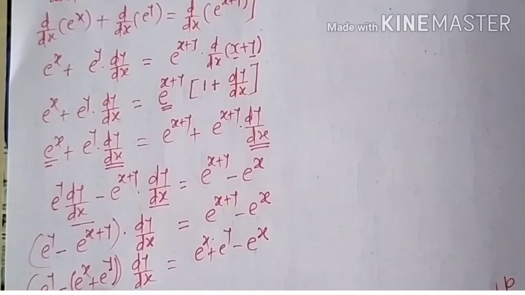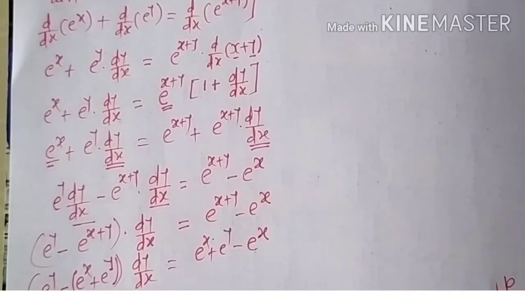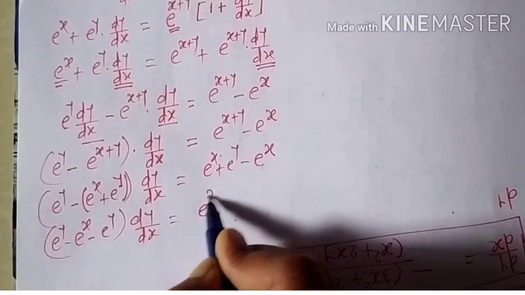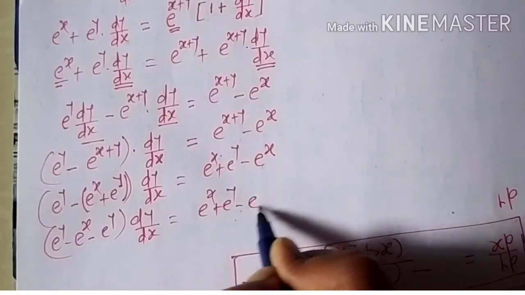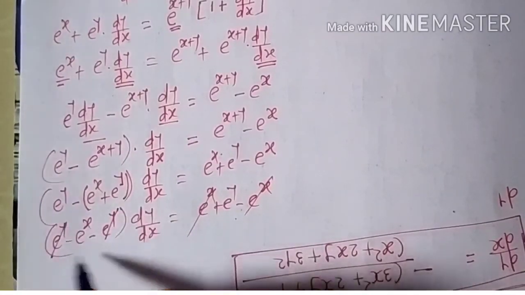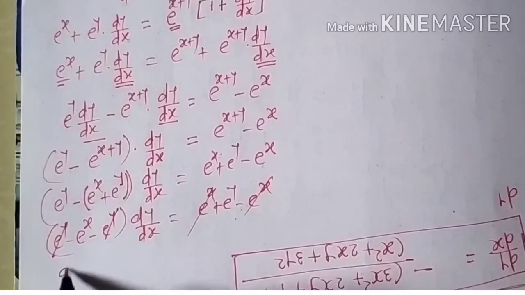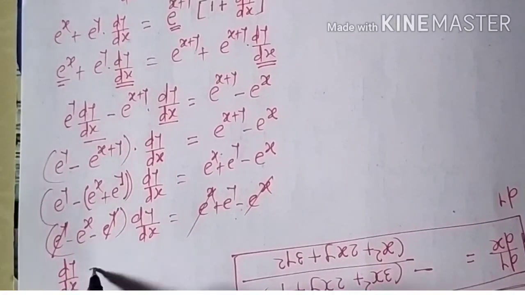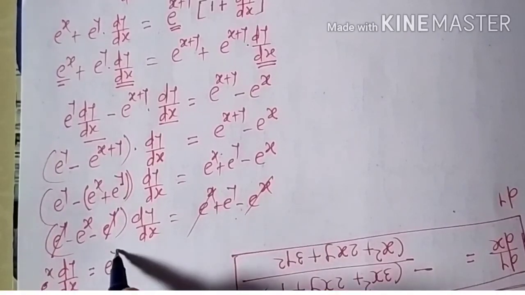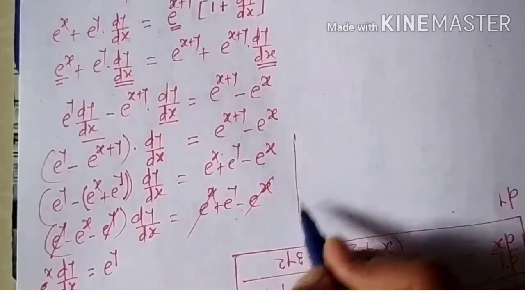So when we multiply the minus sign inside, that is e raised to y minus e raised to x minus e raised to y, into dy by dx is equal to e raised to x plus e raised to y minus e raised to x. Here e raised to x cancels, and here this e raised to y also cancels out. So dy by dx multiplicative is minus e raised to x, and here what remains is e raised to y.